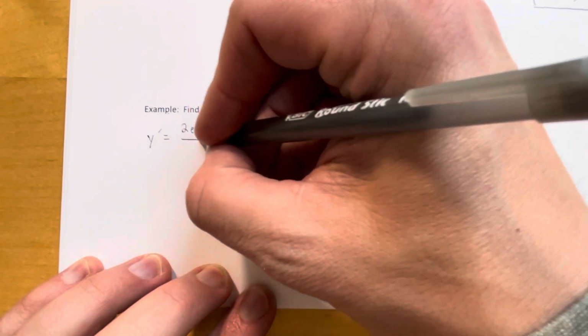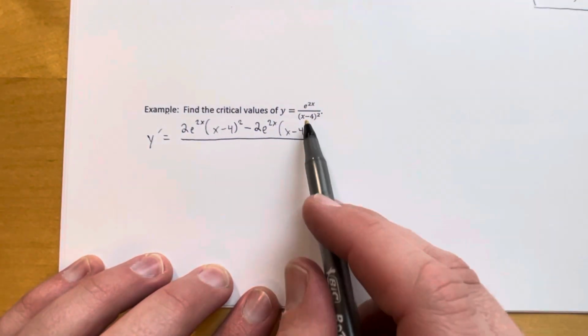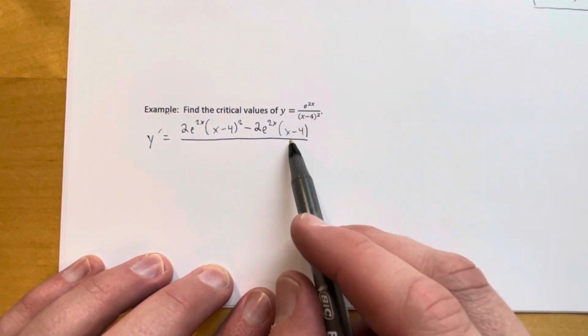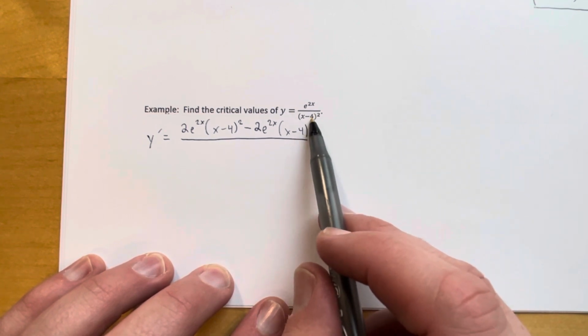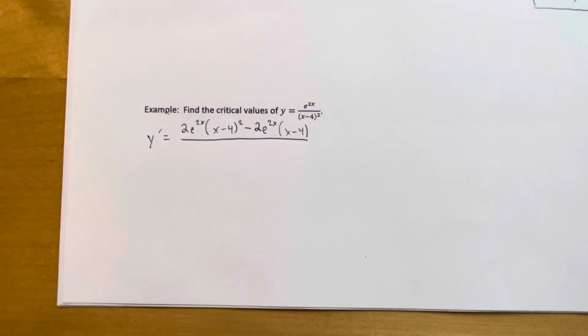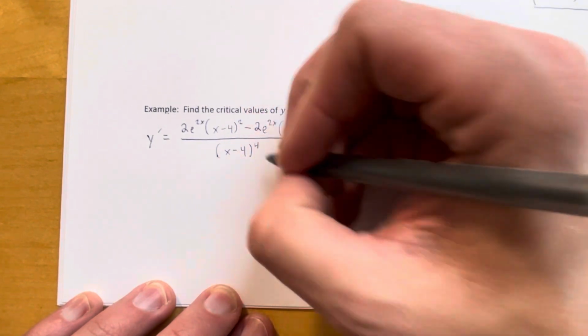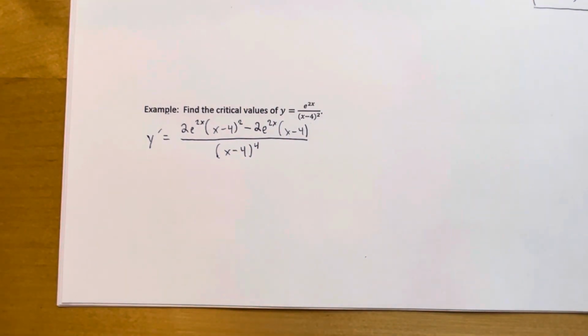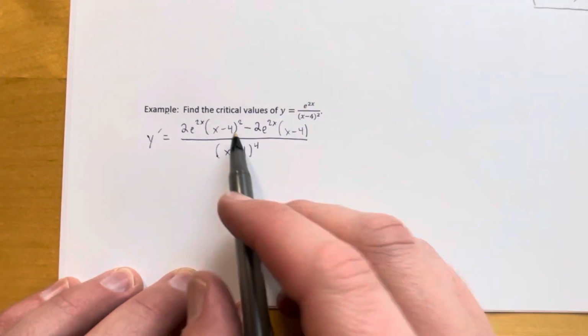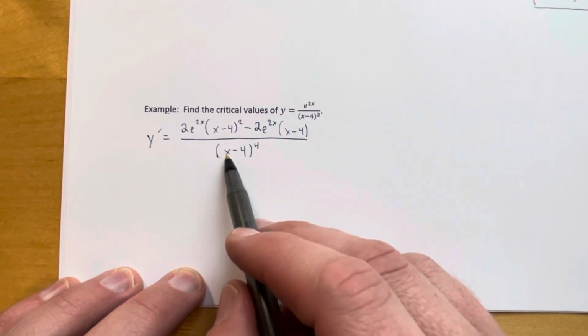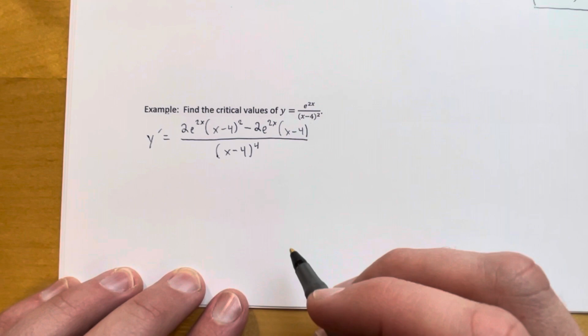I'm going to take that, and then from my quotient rule, I put that whole thing over the denominator squared. Well, the denominator is already being squared. So if I square something that's being squared, it is now being raised to the 4th power. Okay? Looking at what's left here, I see an x minus 4 occurring in all of the factors in this entire expression.